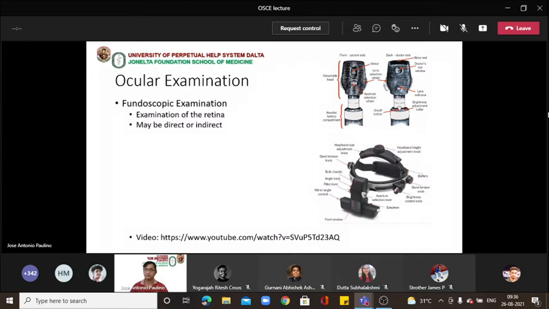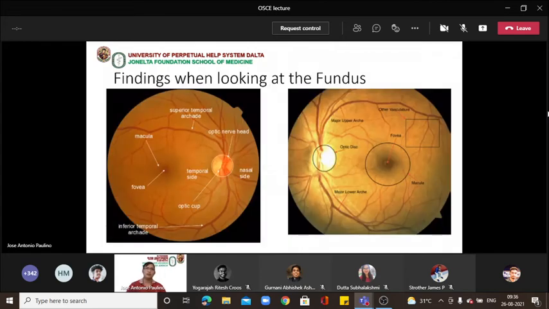When you look through the fundus through a direct ophthalmoscope, this is what you see. This one is the right eye, and this one is the left eye. If you notice, the optic nerve is nasal or nearer the nose, while the macula or the fovea is temporal or towards the ear.